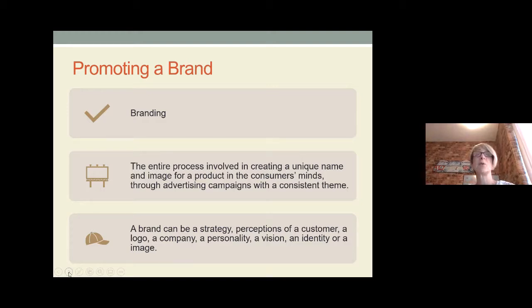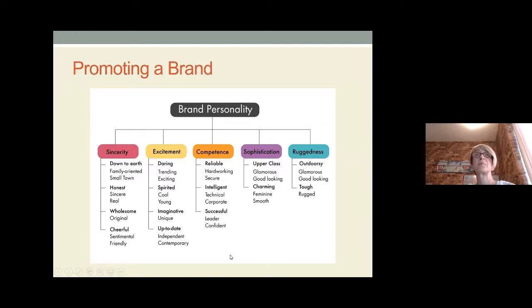And this is very, very important to how your product could be perceived by the consumer. There's a slide that you can just look at in more detail that talks about the personality of a brand. So the sincerity, excitement, competence, sophistication, and ruggedness.